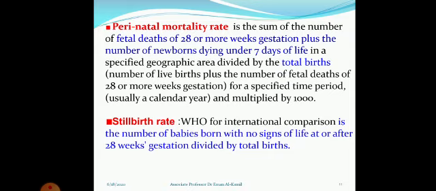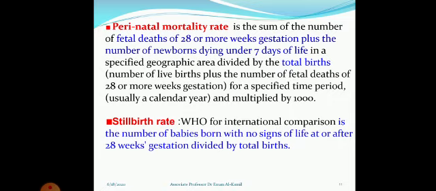The stillbirth rate, according to the World Health Organization, for international comparison, is the number of babies born with no signs of life at or after 28 weeks of gestation divided by total births. So the stillbirth, as we mentioned, is the number of fetal deaths after 28 weeks of gestation; they show no signs of viability, no heartbeat, no respiration, and no circulation.